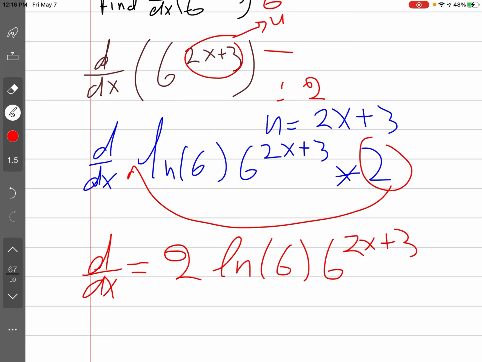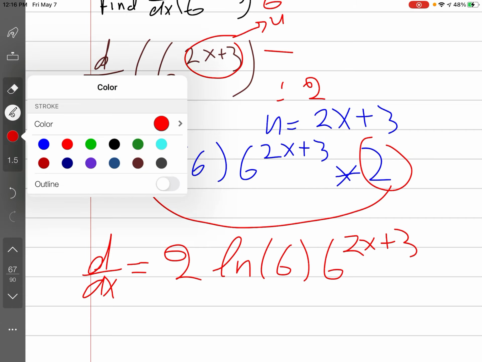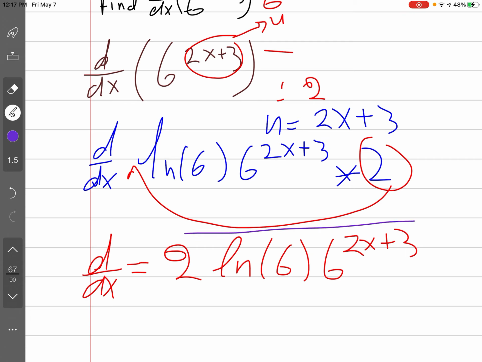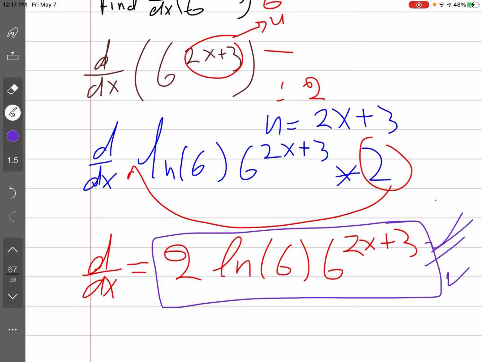So that is your final answer. Ça c'est votre réponse finale. In French they say that. So this is your final answer. There we go. This is a good point, check mark.